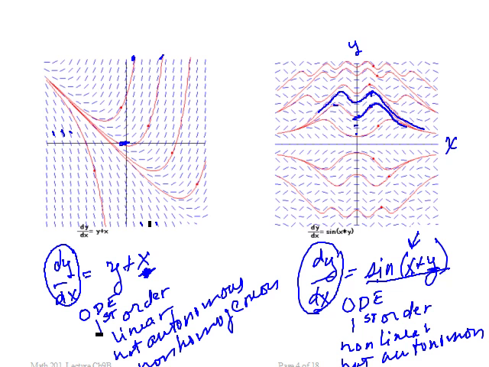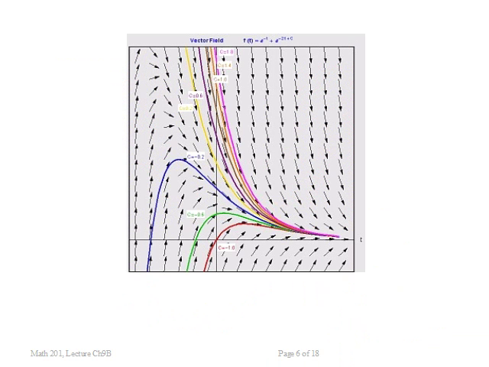Let's look at another example. In this case, the function itself, not the derivative, is given here. It's kind of hard to read, but we're just using this for illustration purposes. Here they put arrows on the little lines that make up the direction field. It makes it a little easier to read.